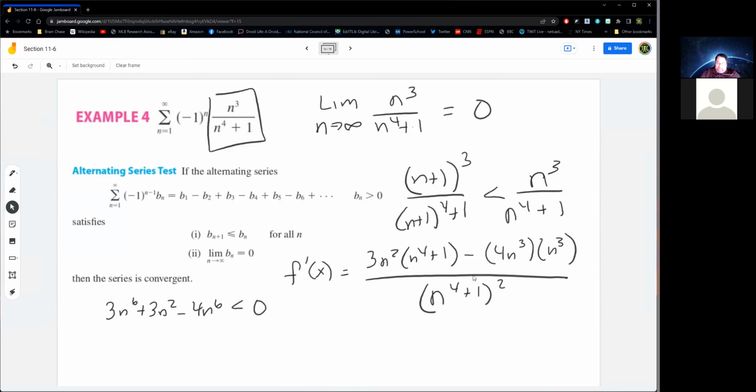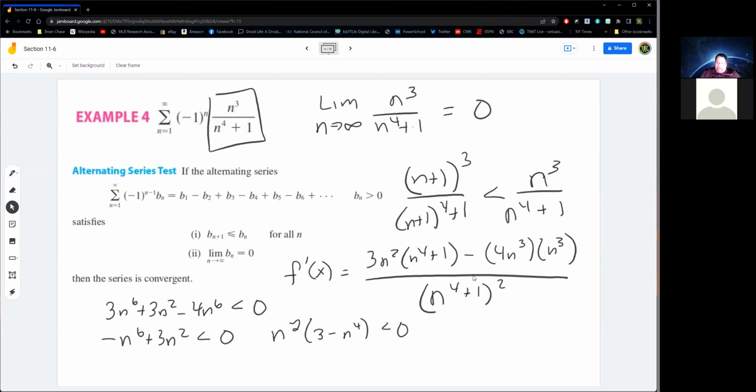So I got negative n to the sixth plus 3n squared is less than 0. So I can pull out an n squared. And I have 3 minus n to the fourth is less than 0. The n squared would just be 0, so I don't have to worry about that one.